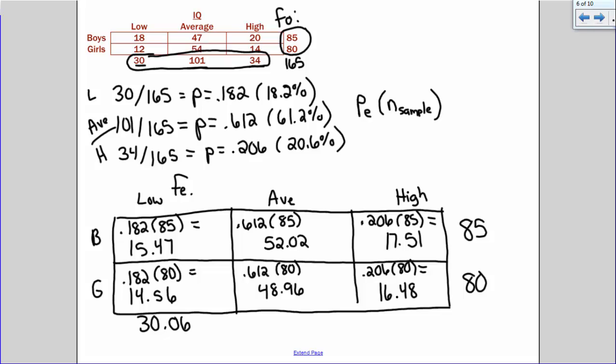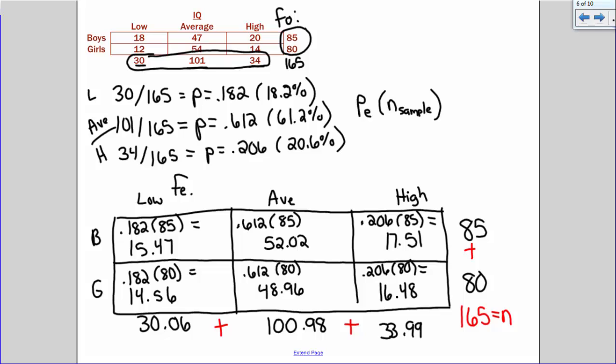If you add 52.02 to 48.96, you're within rounding error of 101. And if you add 17.51 to 16.48, you're within rounding error of 34. And if you add these together, you still come up with the sample size of 165.